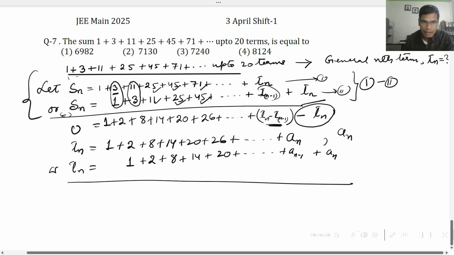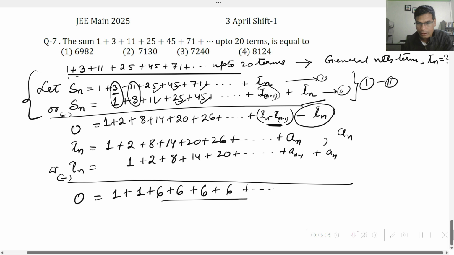Again we subtract and get 0 is equal to 1 plus 1. Now from the third term onward, the difference is 6, the fourth also 6, the fifth also 6, then 6. Looking at this pattern, it should be all 6.